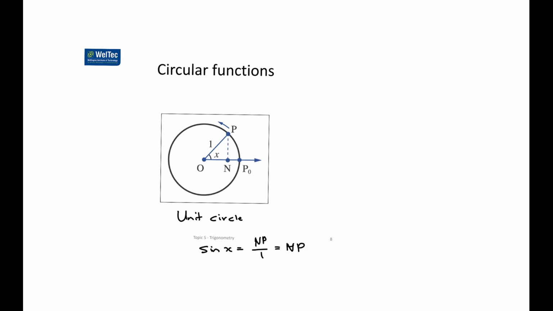If we rotate round the circle going anti-clockwise, as we're going round the circle that way, at least till upright, then NP gets longer. As we go round to the next quadrant, to 180 or pi, NP starts to get shorter again. As we go around in the third quadrant, NP starts to get longer, but it's negatively longer. And then as we go back to the origin again, NP starts to get smaller.